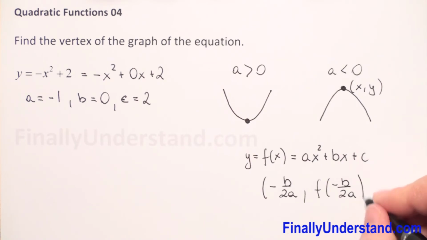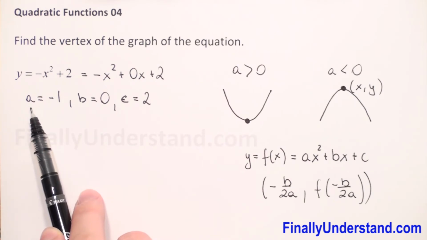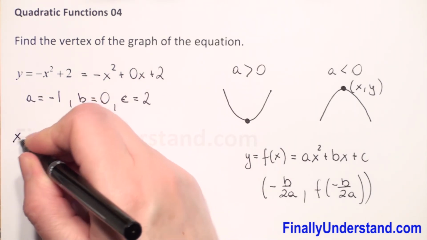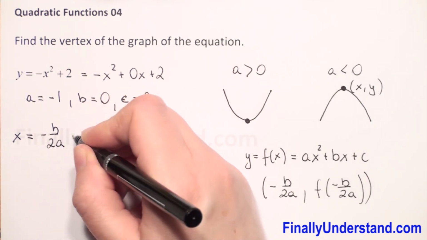It's still the same. So now, to find the vertex, we need b and a. So we have that a is negative 1, b is 0. So we can find the first coordinate, negative b over 2a, and this is the formula.